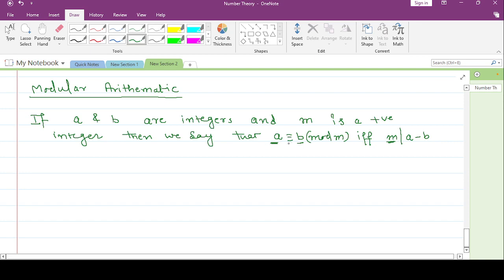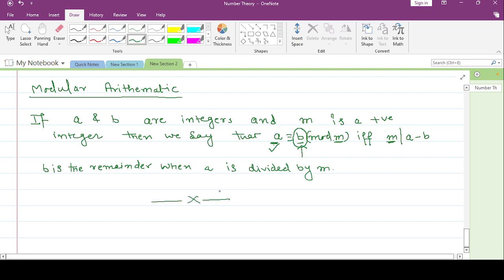Here the meaning of this is that when a is divided by m, then b is the remainder. So we rephrase this: b is the remainder when a is divided by m.